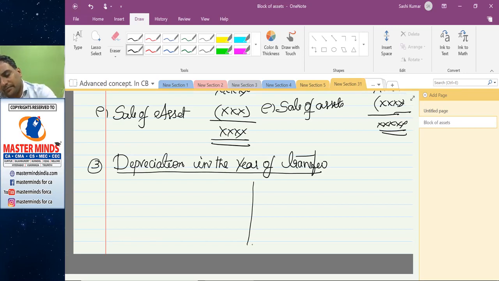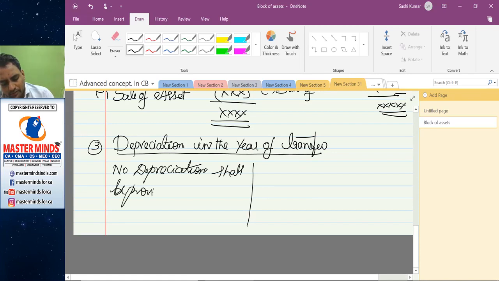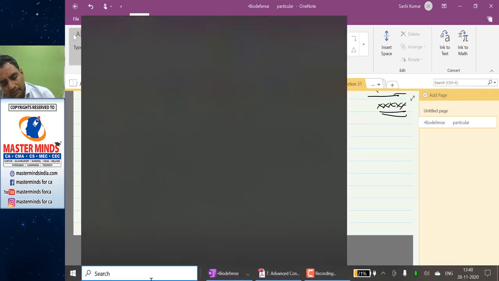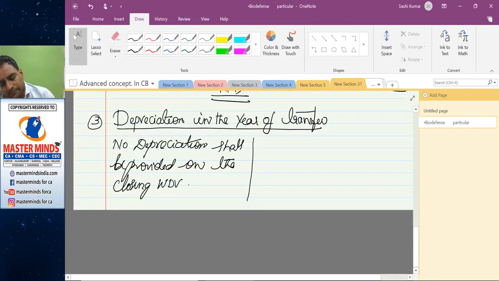That's why no depreciation shall be provided on the closing WDV of the asset, as the block ceases to exist.